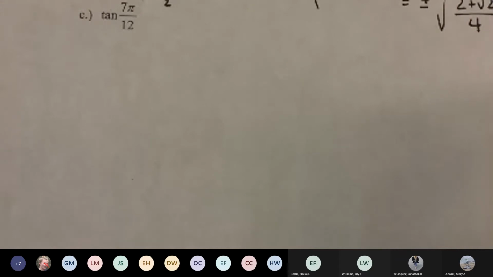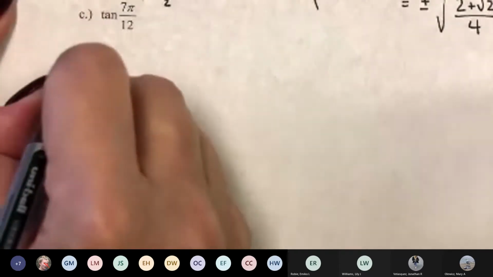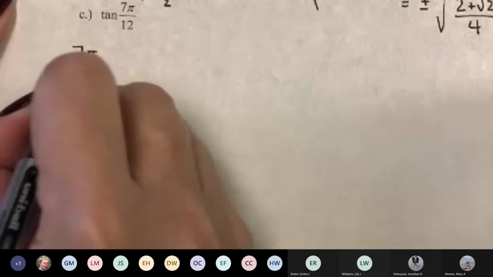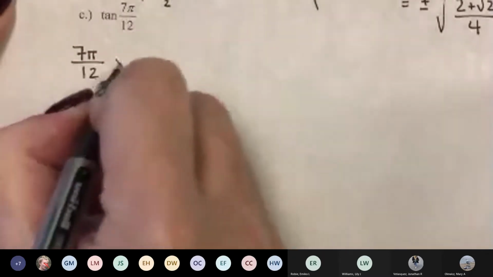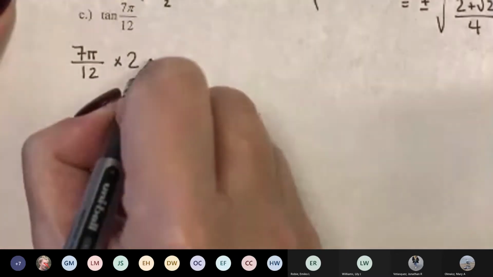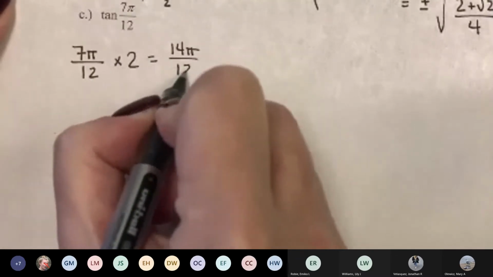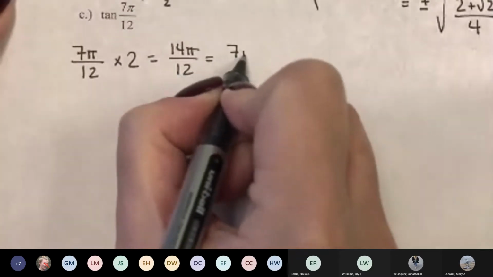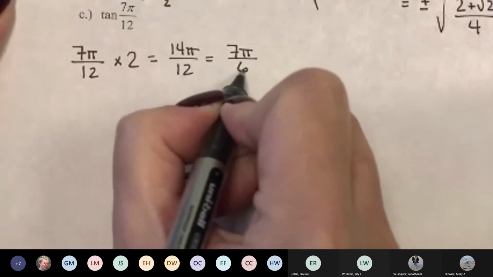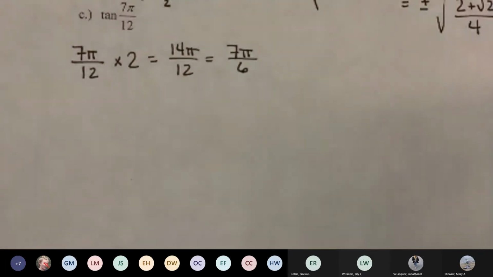As we have done with all the problems before this, I'm going to start by finding the full angle. Done.